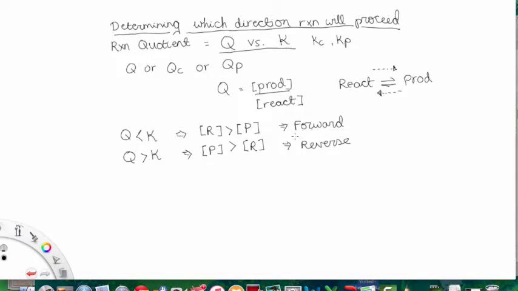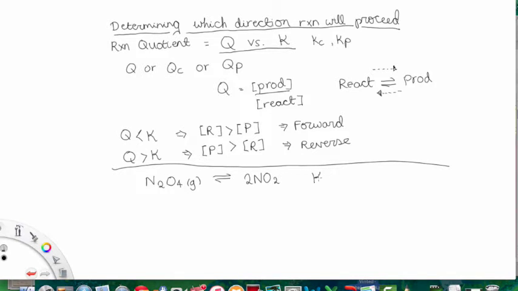Okay, so now let's do an example of this. In this example, we're going to use N2O4, which is a gas, going to 2NO2. The equilibrium constant for this equation is 1.7 times 10 to the power of 3. This is given to us.